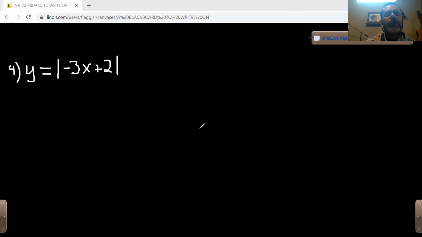Now, what are we going to do to sketch the graph of that? Well, first off, I'm going to look at what's inside the absolute value. I'm going to bring that over here, and I'm going to say that the original function is f of x equals minus 3x plus 2.